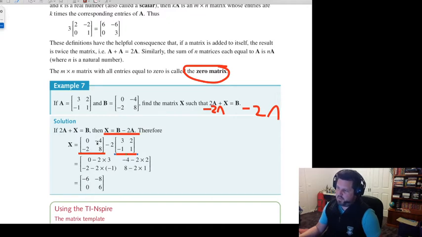Then they've gone and done this one, -4, take away 2 times 2, which is this one here. -2, take away 2 times -1, which gives us this one. And then they've done 8, take away 2 times 1, which is this one here. However you go about doing it, you will end up with this matrix here.